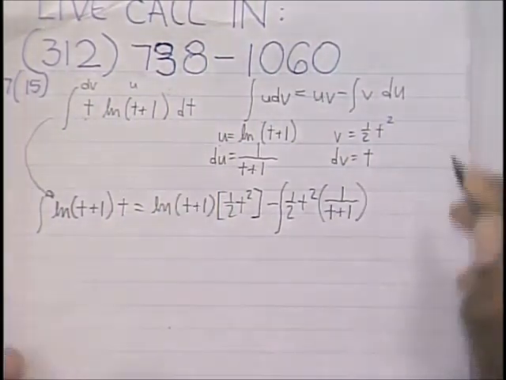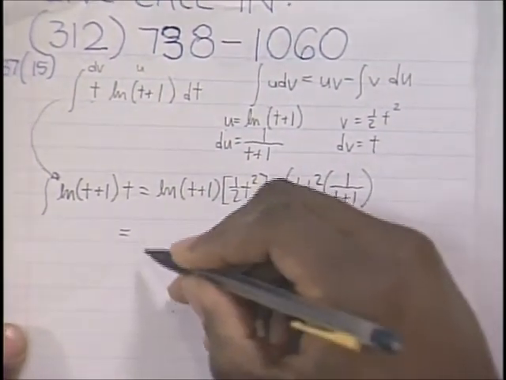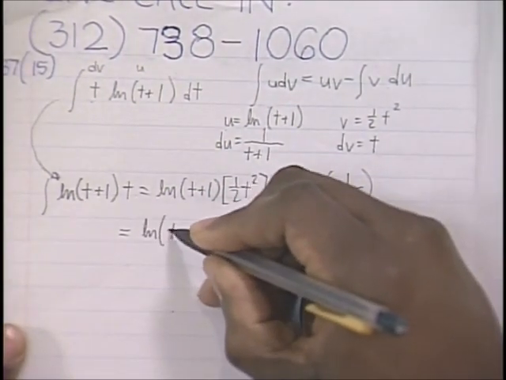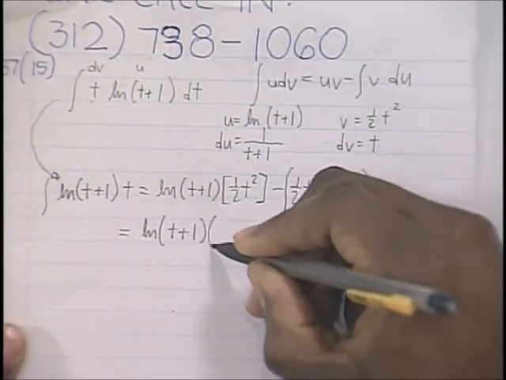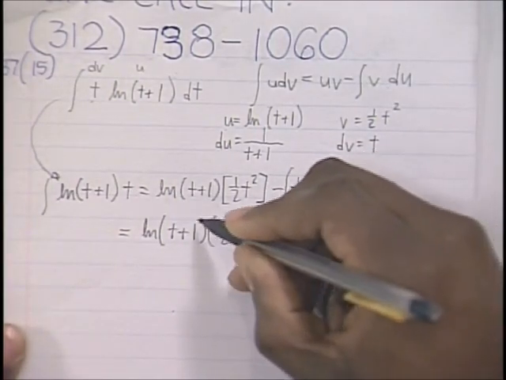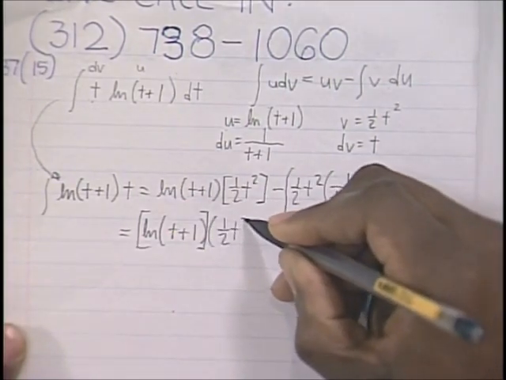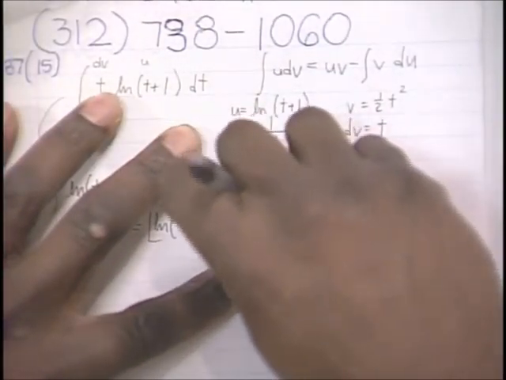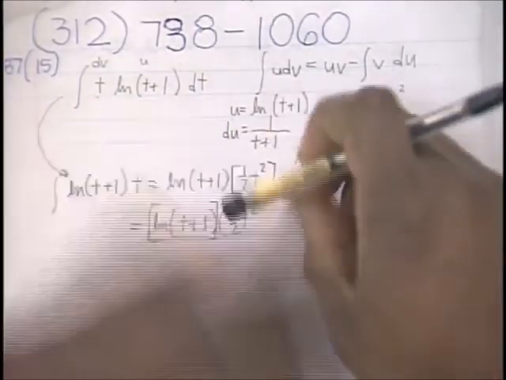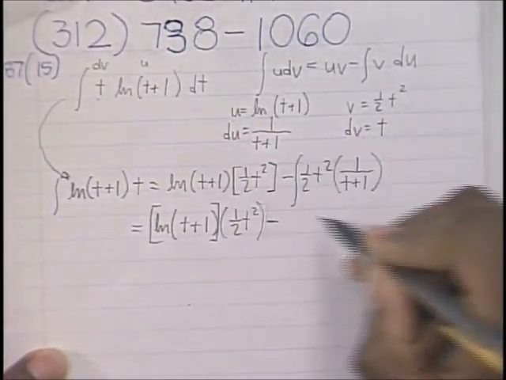All right, so now you'd have to simplify that down a little bit. You'd end up with the natural log of t plus 1 times a half t squared, minus, you'd have to condense this down a little bit.